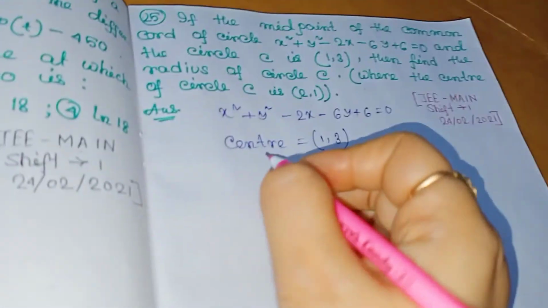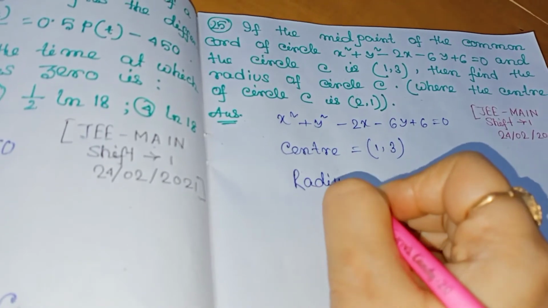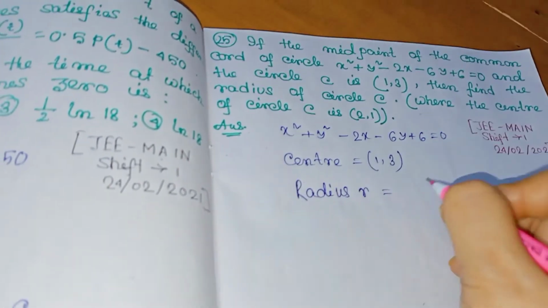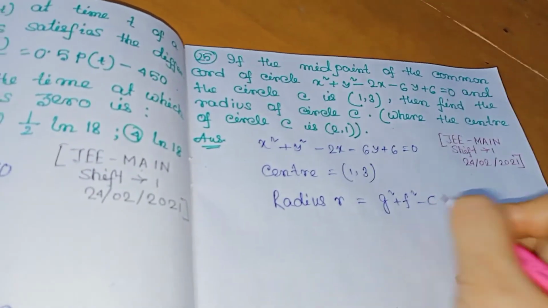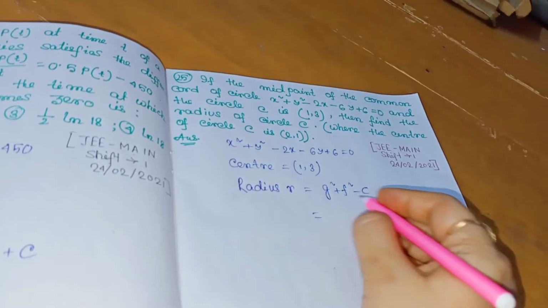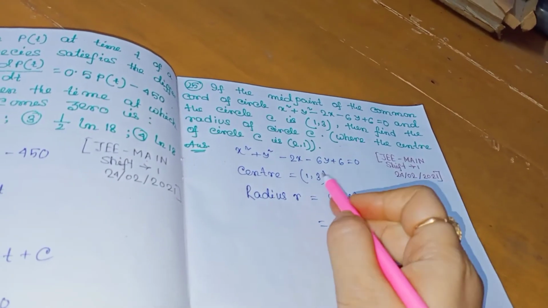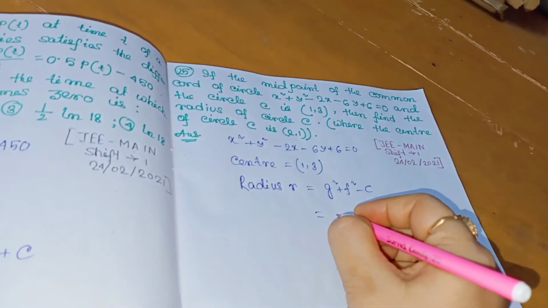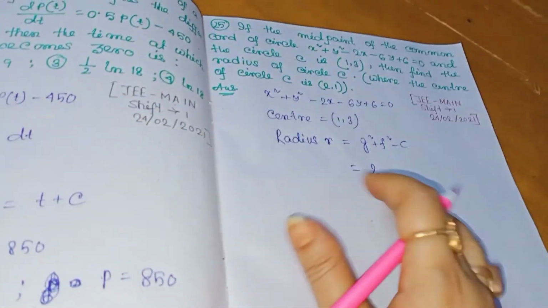Now radius r is equal to, we know, root of g square plus f square minus c. After putting this here we get c is equal to 6, so the radius is 2.